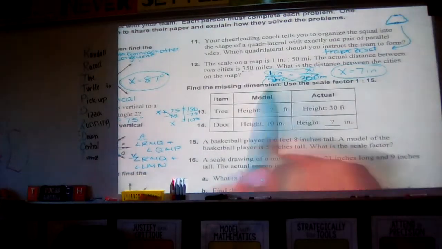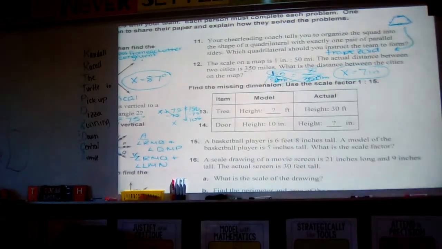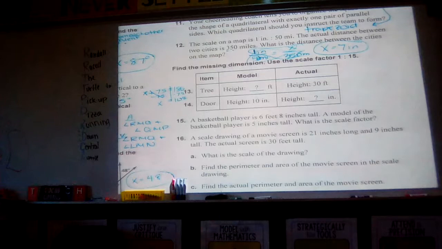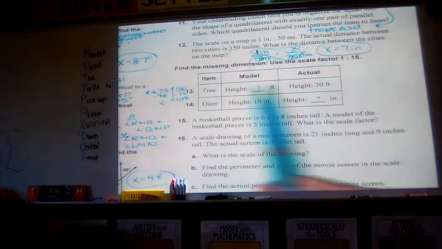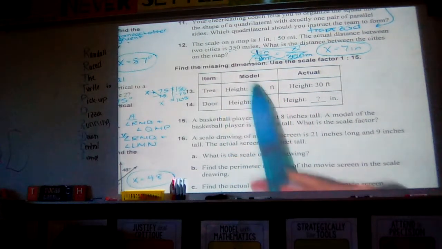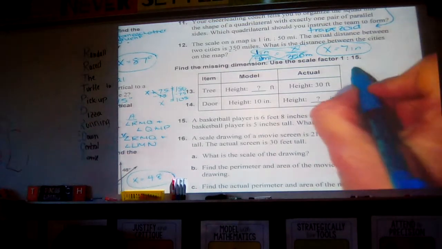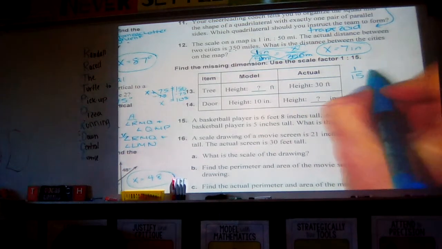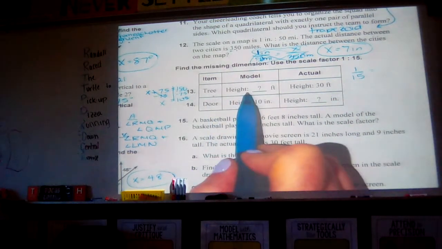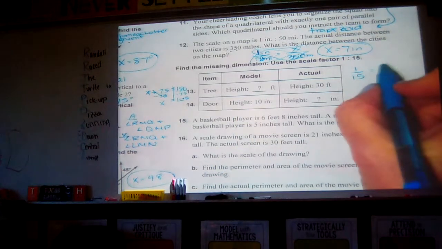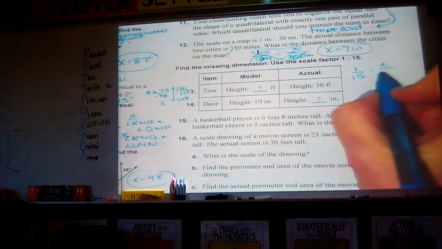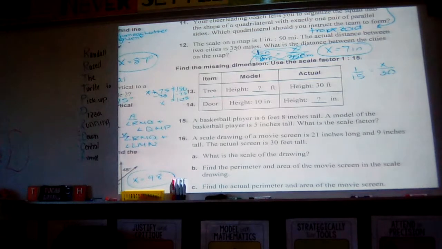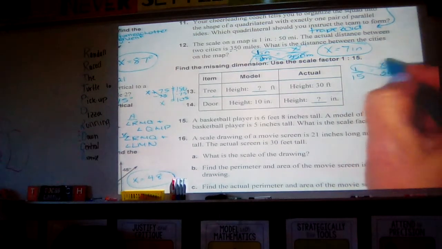Once you get it set up like this, you guys are really good at proportions, so we should be okay with that part. We have a scale factor of 1 to 15. If we're looking at the tree, the model is, we don't know how tall, and the actual size is 30.